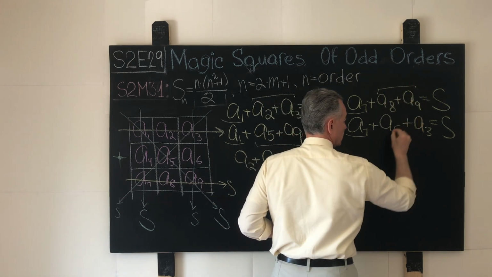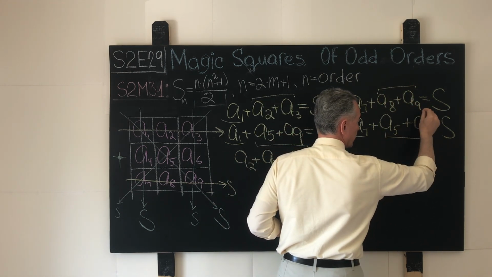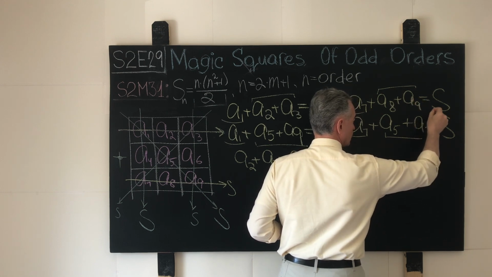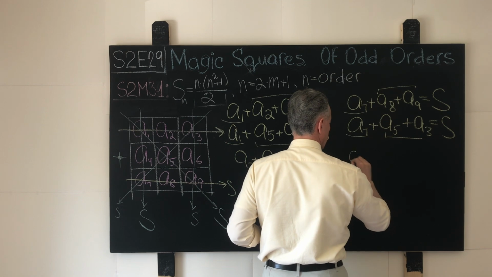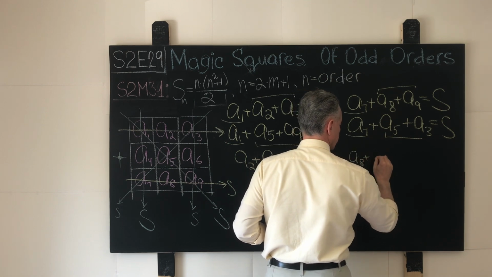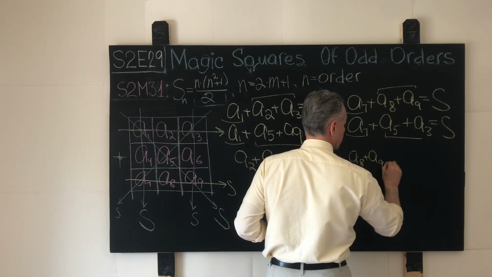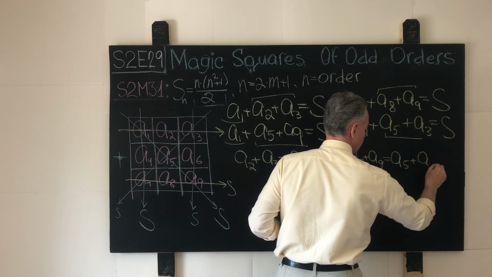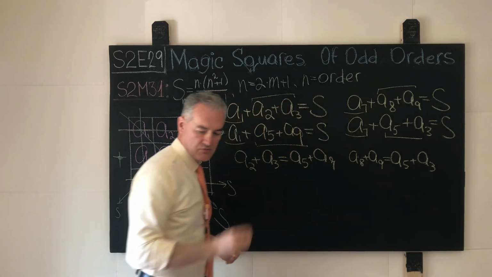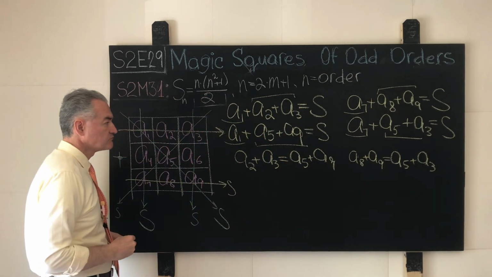This sum is the same as this sum because both of these sums equal what? S minus a7. So here we write a8 plus a9 is the same as a5 plus a3. Would you agree? This is done.